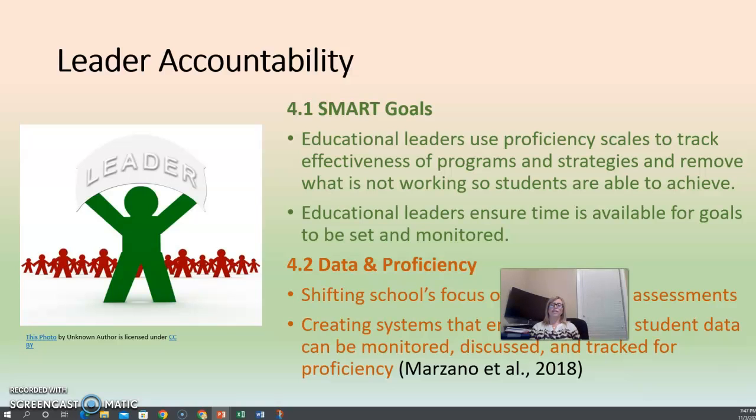And so it's important that teachers have assessments that they can use to monitor the students' progress, and it also allows the students to see the progress that they're making. Creating systems that ensure individual student data can be monitored, discussed, and tracked for proficiency is important for the educational leaders to do when they are planning schedules of teachers. Marzano et al. 2018.